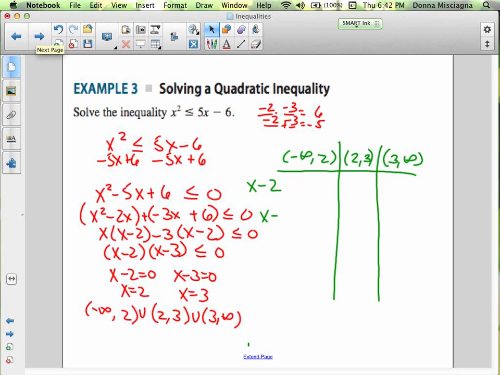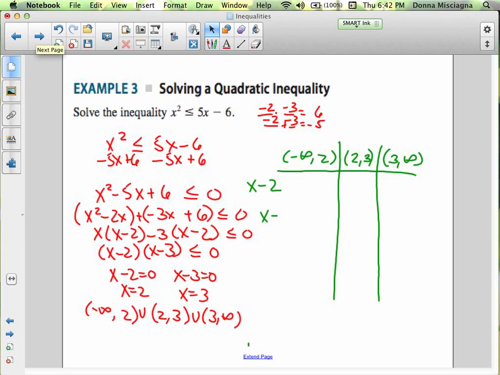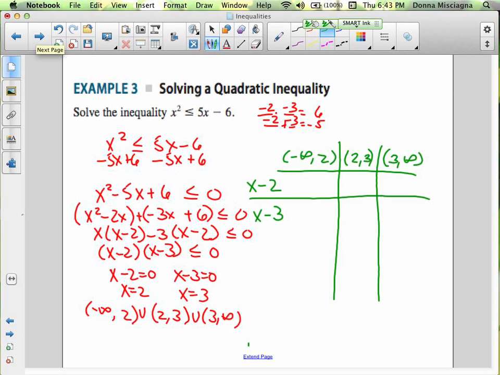We'll check the sign values for each of the factors.